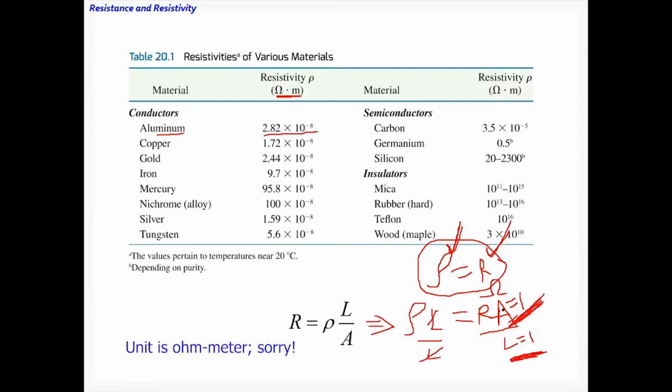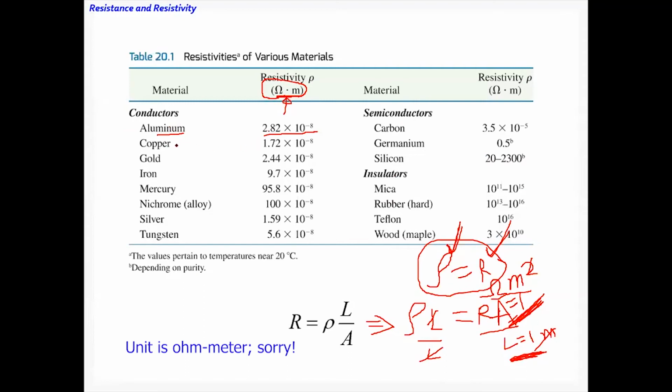The unit of A is meter squared, and the unit of L is meter. Then one meter cancels out, and you are left with ohm and meter. That's the unit of resistivity, ohm meter. So for aluminum, this is the value of resistivity.